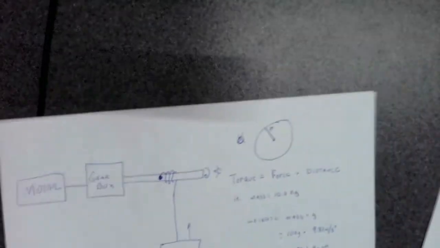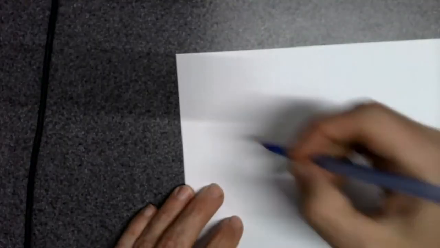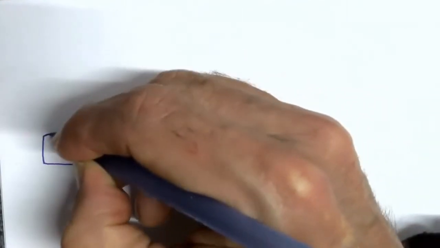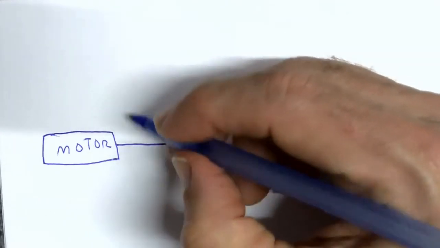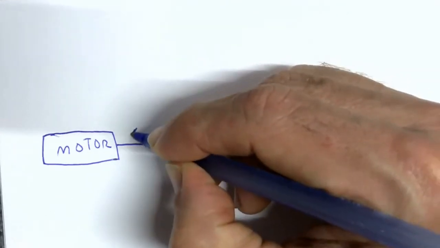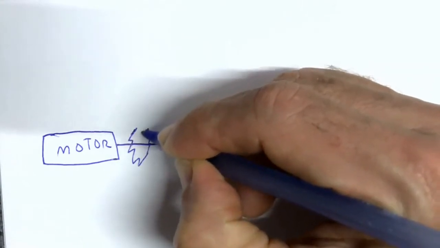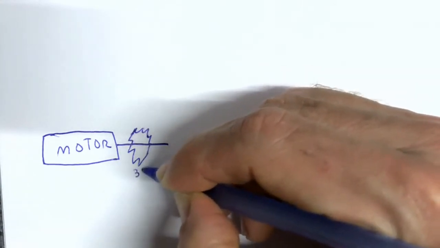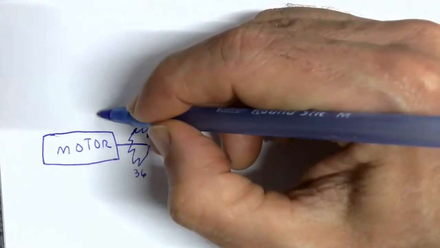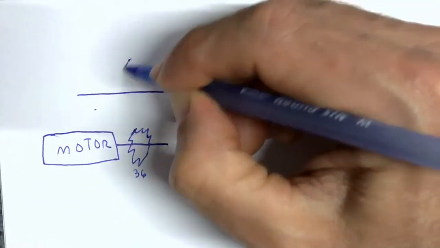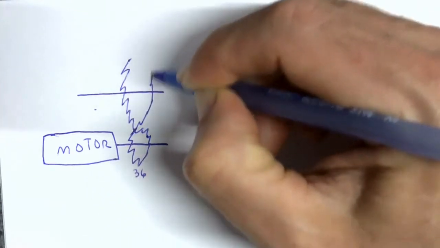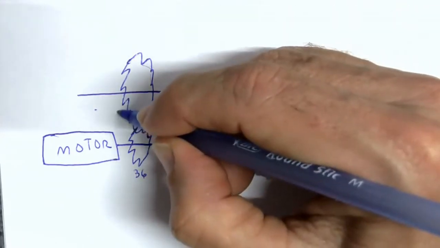So I set my motor to a gearbox where I have, yes, a 36 tooth gear, and there's another shaft nearby that goes to an 84 tooth gear.